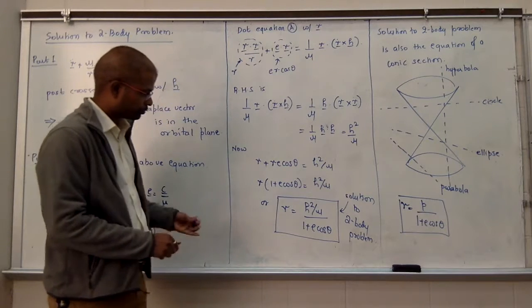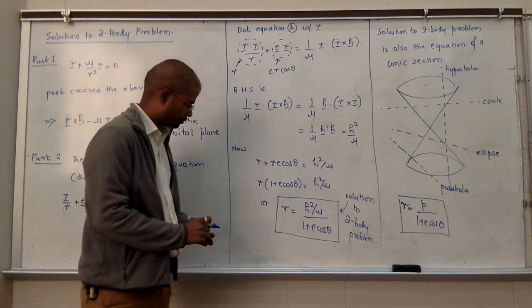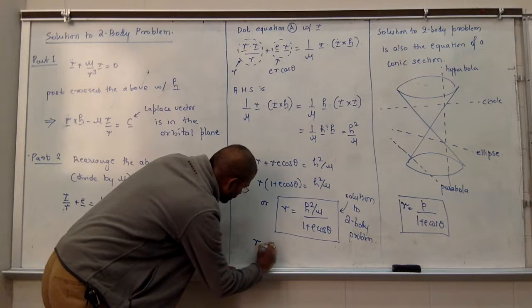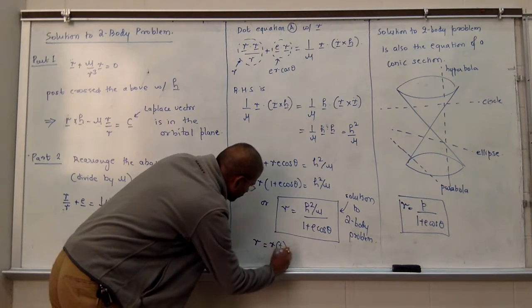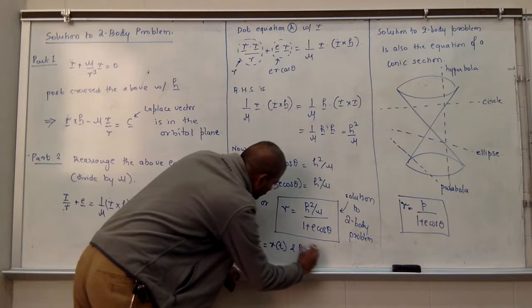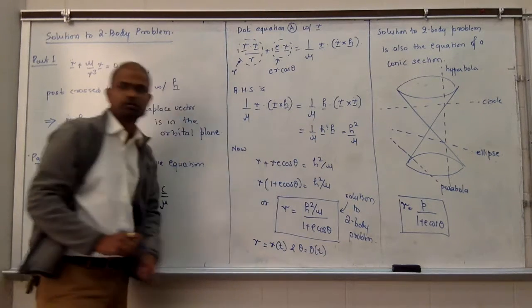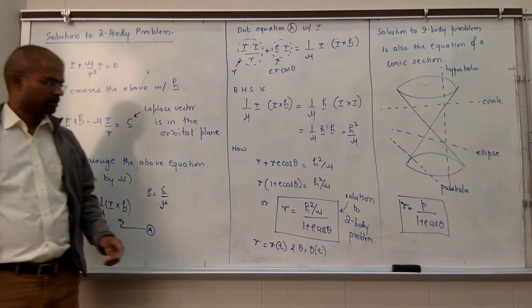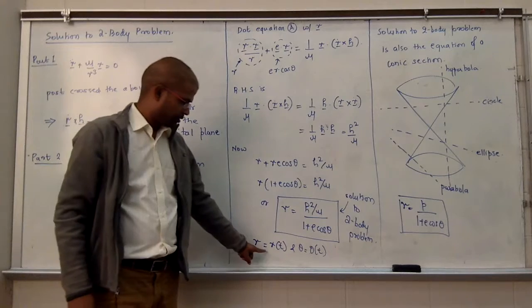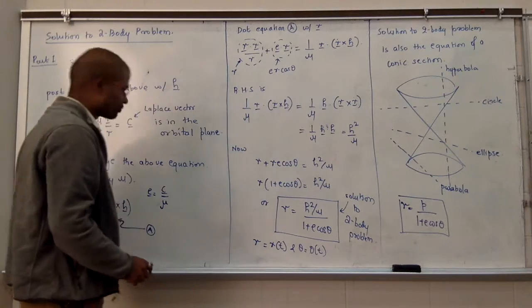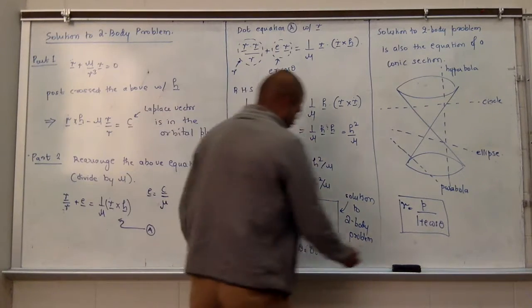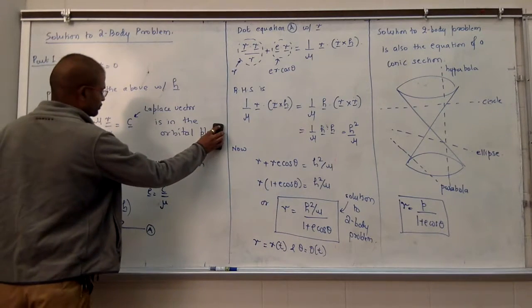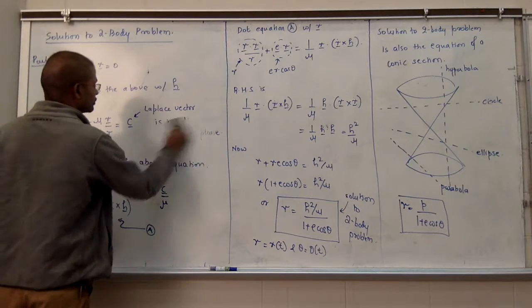Sorry, what does R represent? Trajectory. R is, and theta is... let me explain that to you. Can you erase this part?